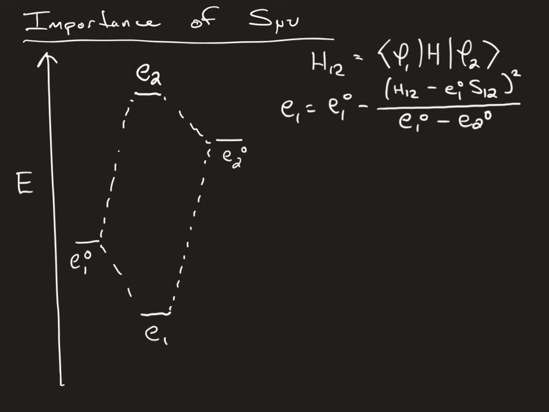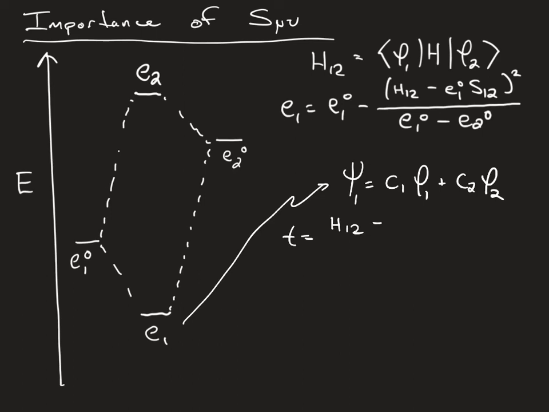Furthermore, the coefficients that are making up that particular molecular orbital, C1, depend on that overlap integral. Without going into any detail, I'm going to write a quantity T, which is just equal to H12 minus E1 naught S12 over E1 naught minus E2 naught.